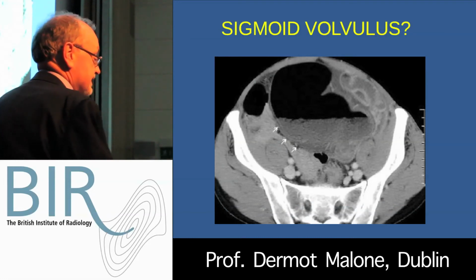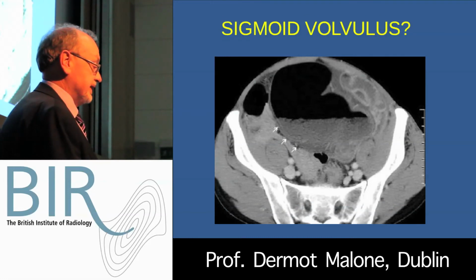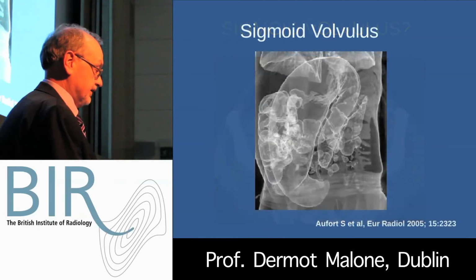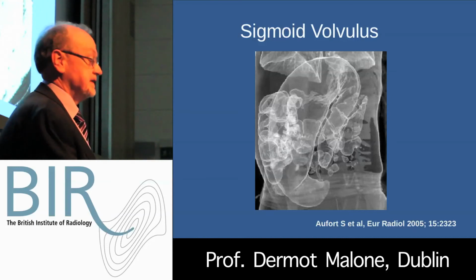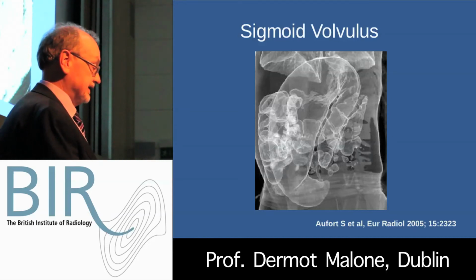Sigmoid volvulus is quite classic. This is an image from a paper by Godfrey et al. I thought it was interesting because they're faced with this very distended loop, and obviously when you have a huge distended loop and you're looking at it on the CT, you think volvulus, big air fluid level.